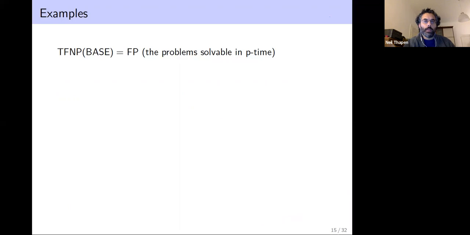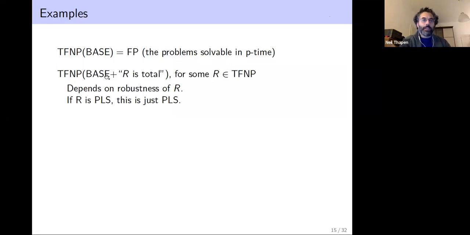So here are some simple examples of what we can get. If we just take our base theory and ask what TFNP problems are total in this, then the only things you can prove exist in base are things given by polynomial time functions. So if you can prove something is total, then you can construct it using polynomial time functions, and in fact you get FP, and this is basically Herbrand's theorem.